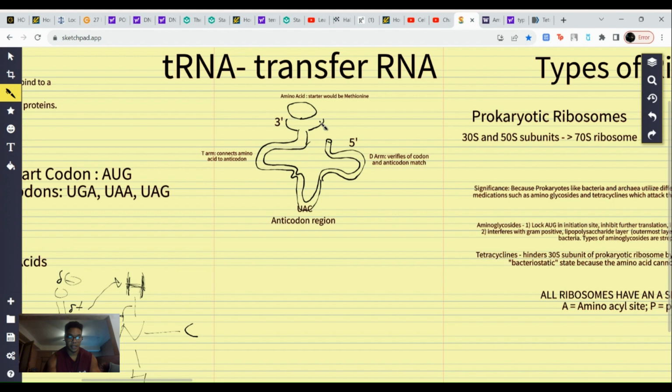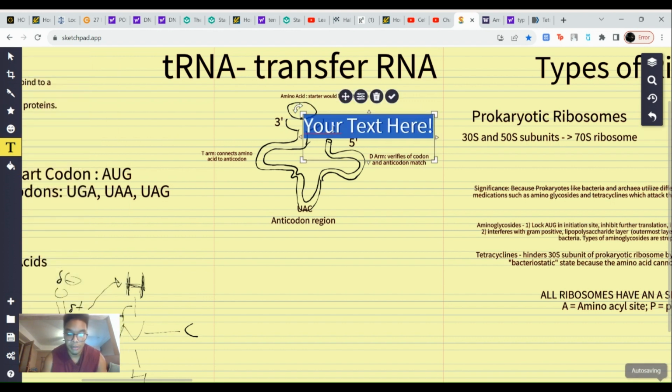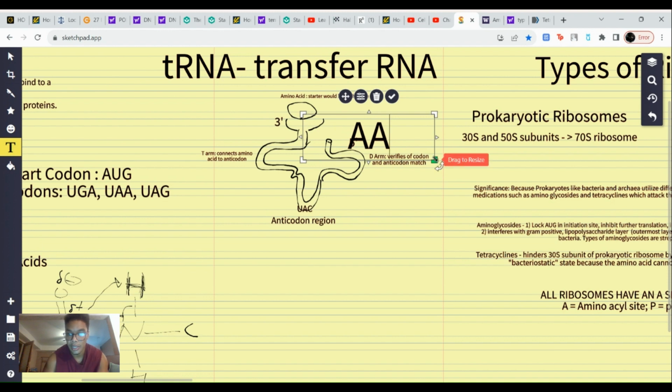But that's chemistry. I'm sure we'll get there at some point. But back to this. So tRNA, there's an amino acid binding site. It takes energy, uses the enzyme aminoacyl tRNA synthetase. We have the T arm. This connects the amino acid right here. This can be a generic amino acid. So amino acid, we just use AA for amino acid.